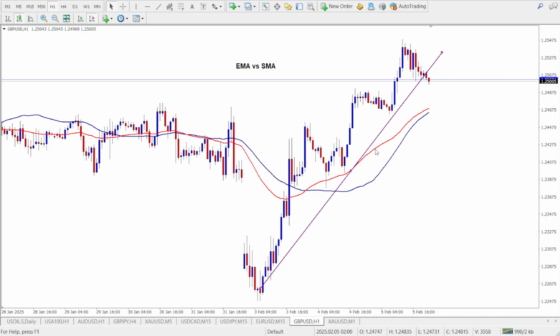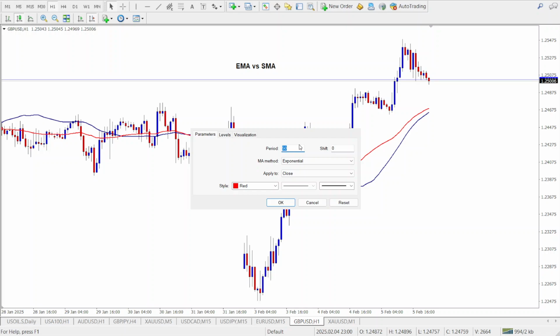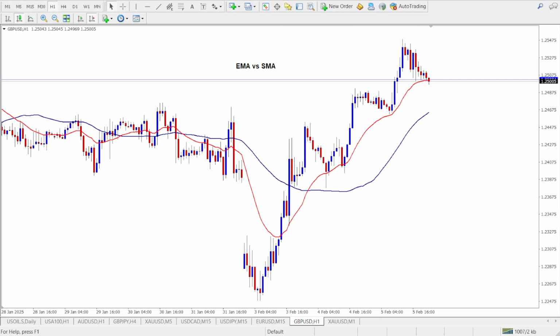It's a strategy that some traders might find beneficial, whereby the 50 period SMA is for overall trend direction and the 20 period EMA is for your entry signals.